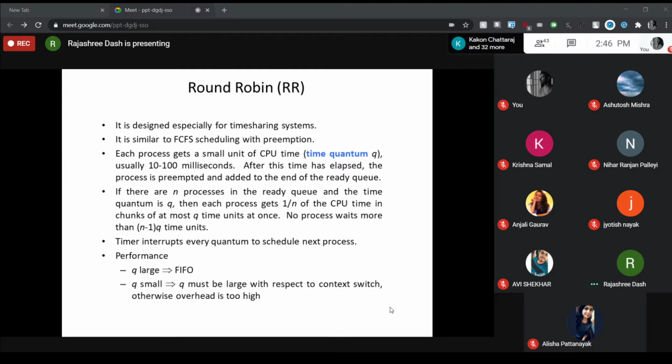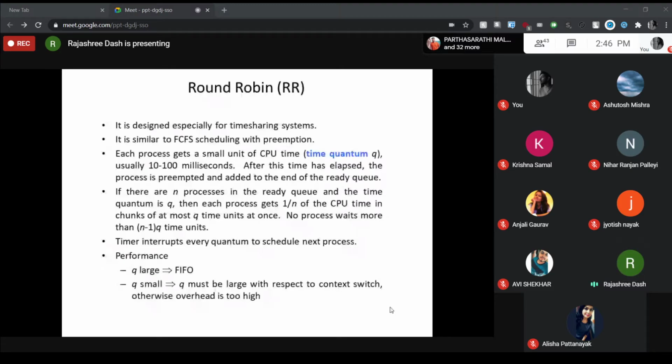So, if a process has a CPU burst less than one time quantum, then the process will itself release the CPU voluntarily. The scheduler will then proceed to the next process in the ready queue.